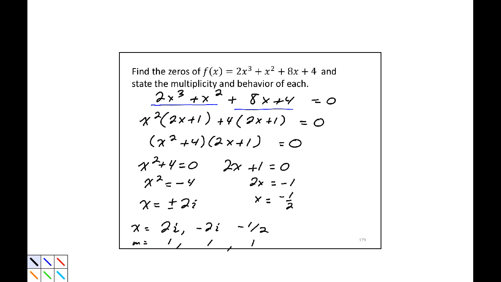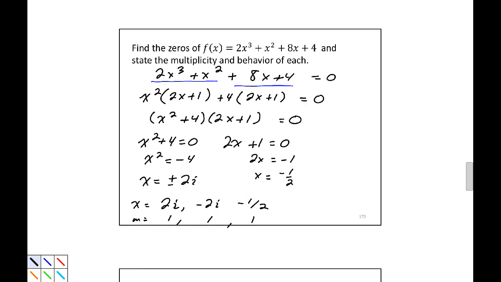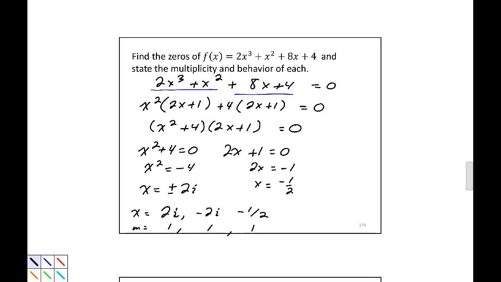Again, we have 3 solutions and a degree of 3. Now the behavior at each one of those is that if they are all multiplicity of 1, it crosses. So at each of those places, our function is going to cross through the x-axis and not turn back around.